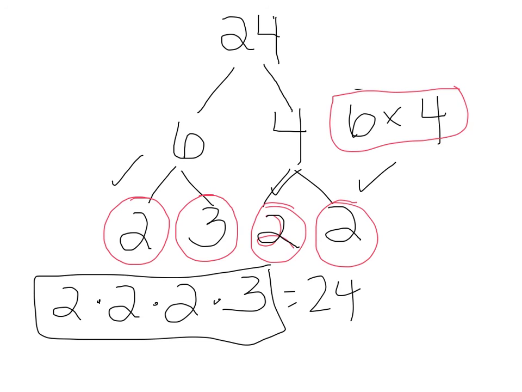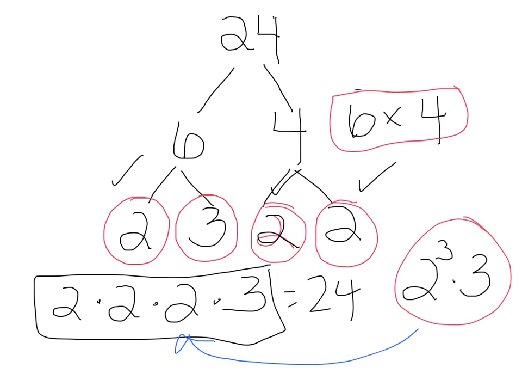All you have to do, if you can understand it, is take the 2s, and since there are 3 of them, I'm going to write 2 and a small 3 that shows I wrote it 3 times, times 3, and I only wrote that 1 time, so I'm just going to keep that as is. 2 to the 3rd times 3 is the exact same as this. This one over here is just a shortcut. But if you don't want to do that, you don't have to. You just need to understand the prime factorization.